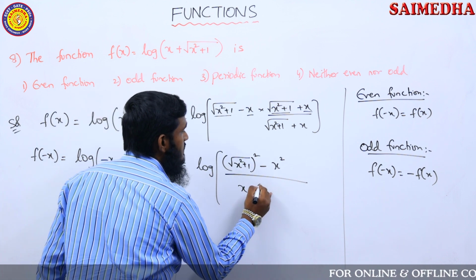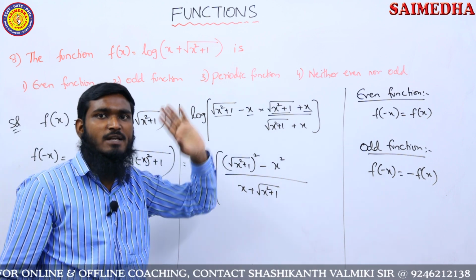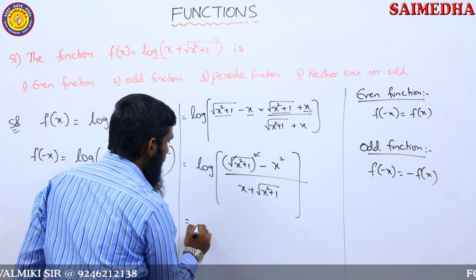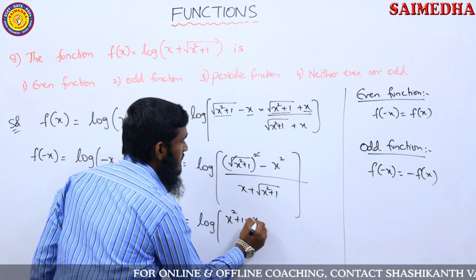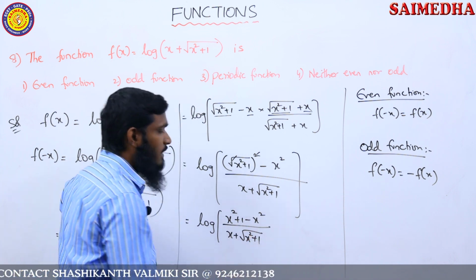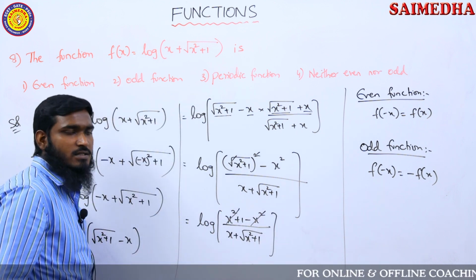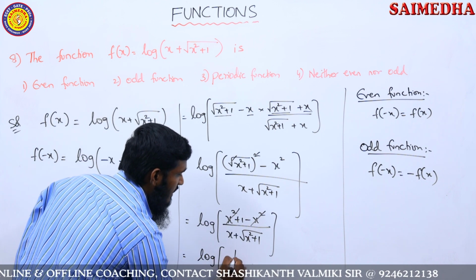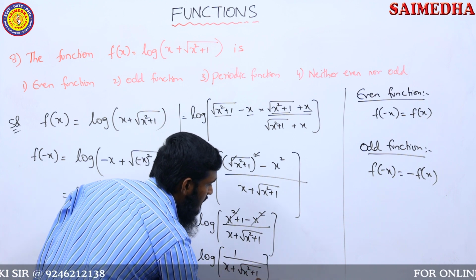The square and root get cancelled, so we get log((x² + 1 - x²)/(x + √(x² + 1))). The x² and -x² get cancelled. The remaining part is 1 divided by x + √(x² + 1).